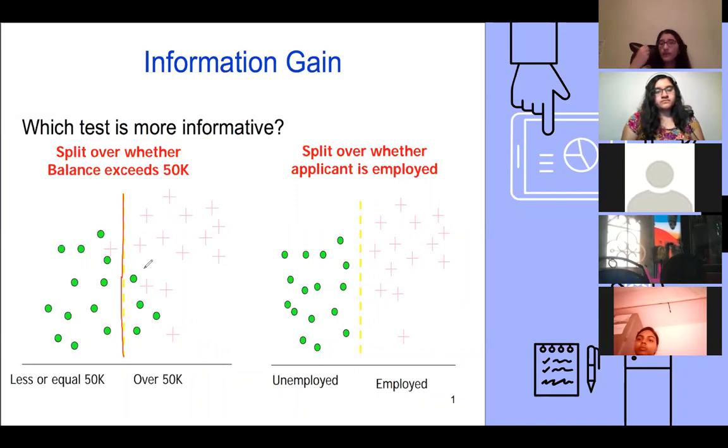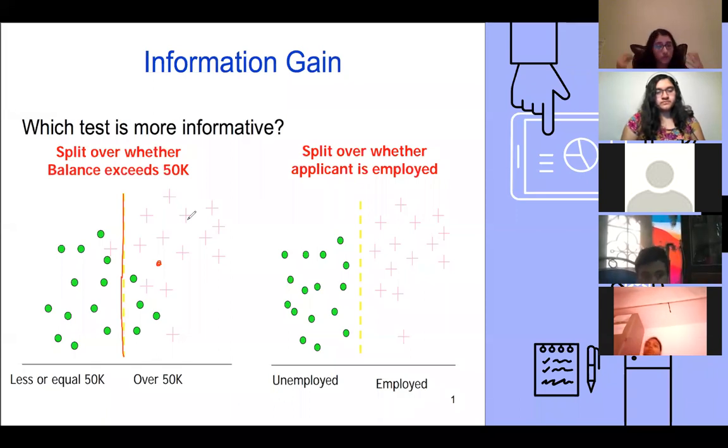So if I were to give a new test point here and ask the program, is this a red class or a green class point? The program has no idea, because technically there are some green points, so it could be a green point, but there are a lot of red points, so it could be a red point. So there's a lot of confusion there, you see, and we don't want the algorithm to be confused, right?